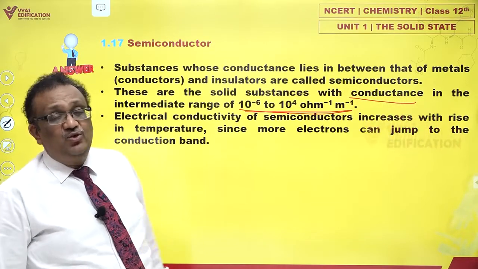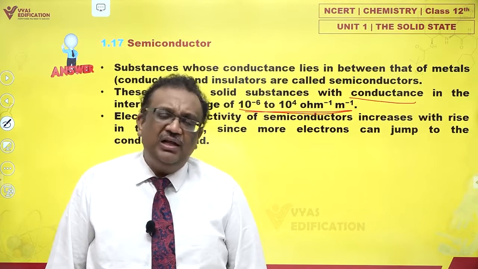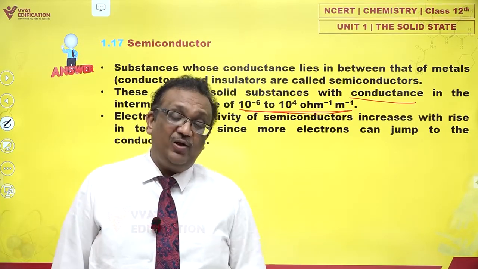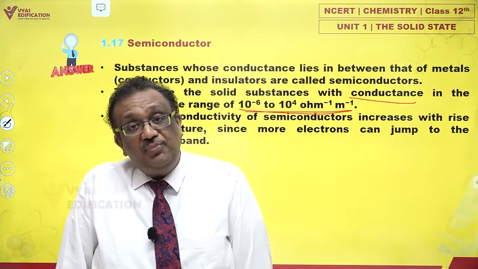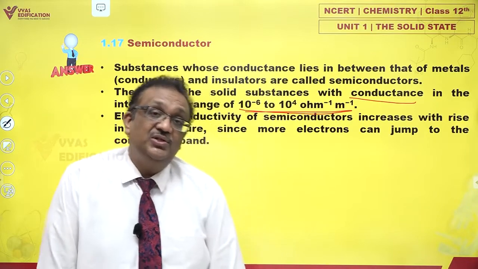Typically, if you have insulators and if you heat them, they will just be insulators. They would not start conducting electricity. If you have good conductors like copper wire, silver wire, aluminum wire, if you raise the temperature, their conductivity decreases, resistance increases.